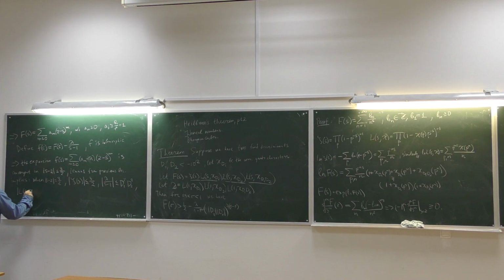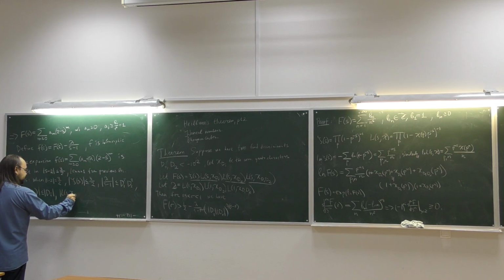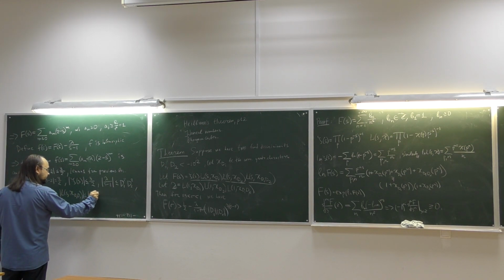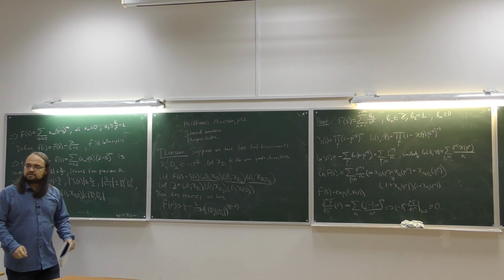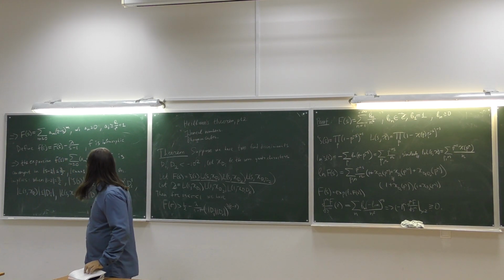L of s, chi di is at most the absolute value of di, and L of s, chi d1 d2 is at most the absolute value of d1 d2. How do we get this estimate for lambda?